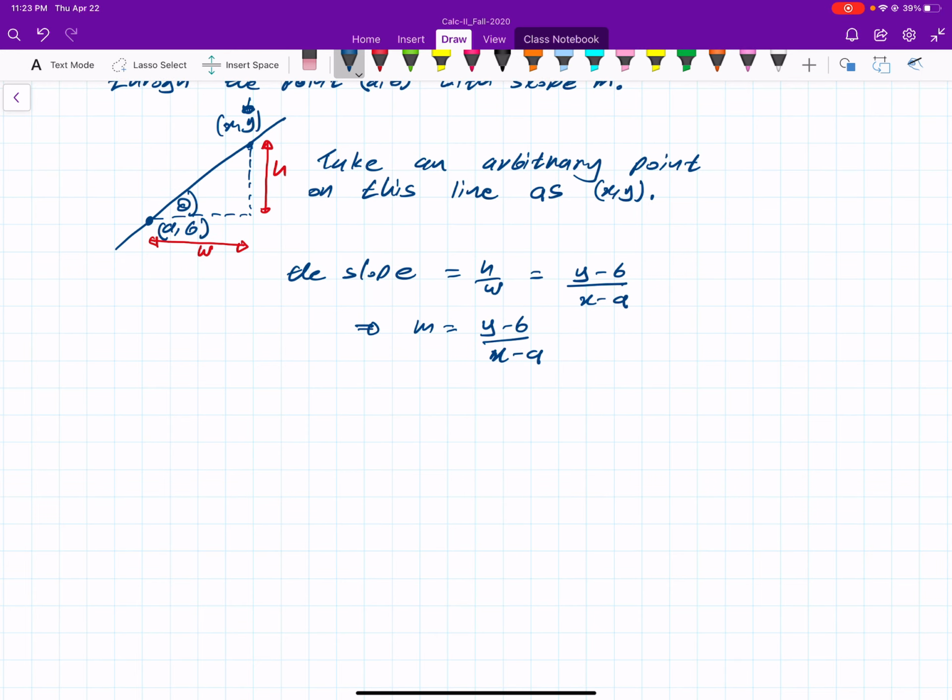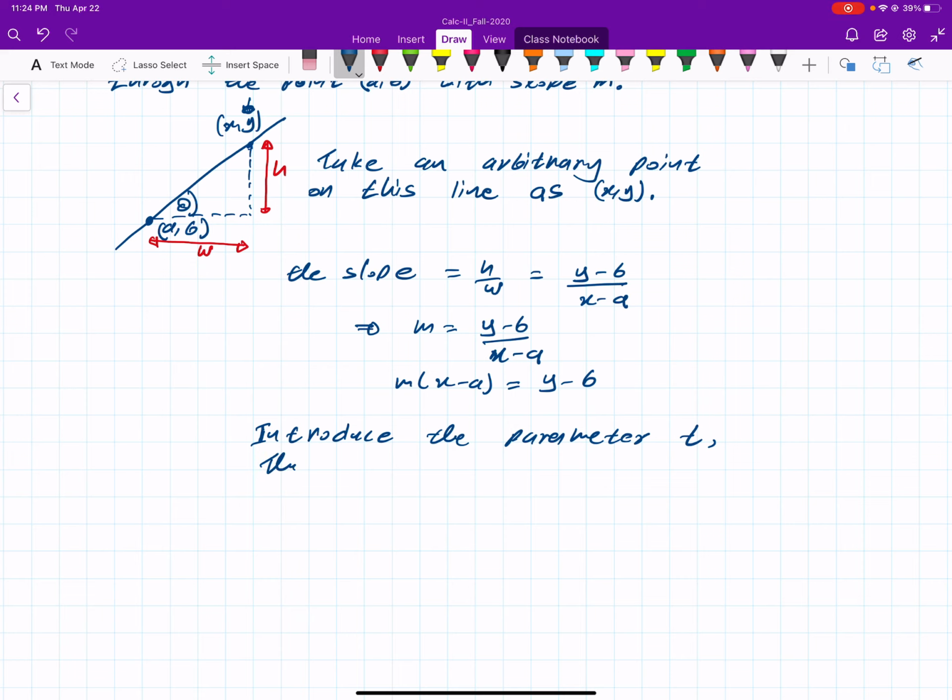Then you can just do the cross multiplication, which will give you m times (x minus a) equals y minus b. Still you have x and y. Now you have to introduce a parameter. For that you could use t. Introduce the parameter t.